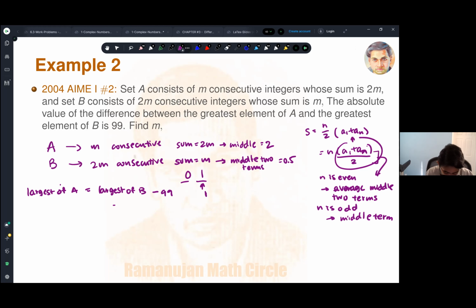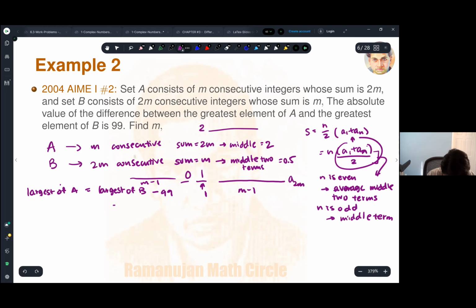And you have m minus 1 numbers after this, and m minus 1 numbers before it. So A_m is going to be larger than this one, where there's m minus 1 over 2 terms after it, and m minus 1 over 2 terms before it. And so this is going to be A_m. I'm going to call this B.